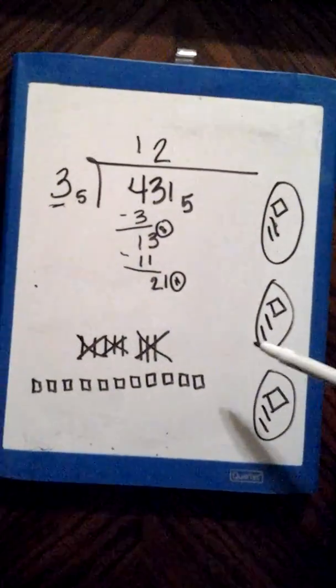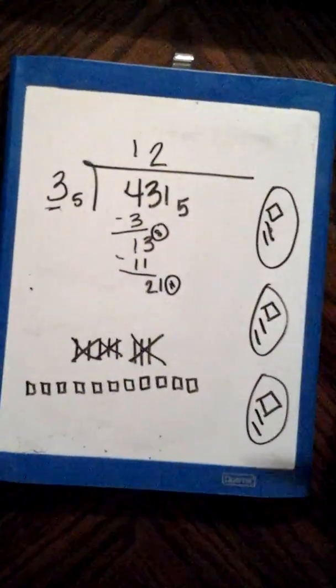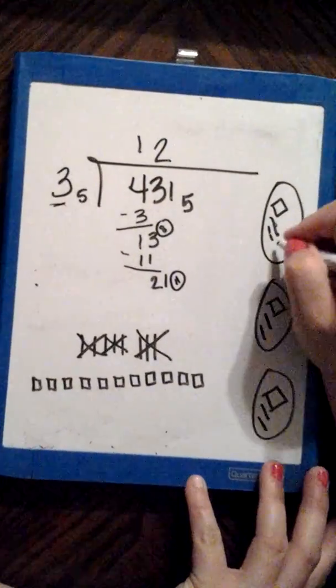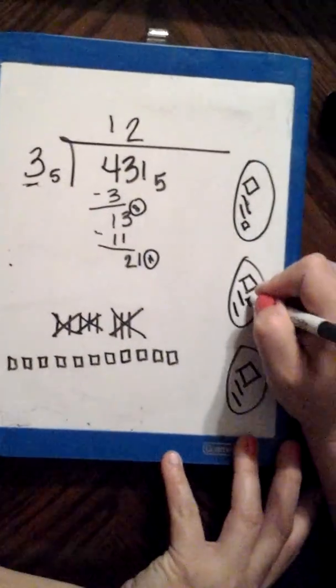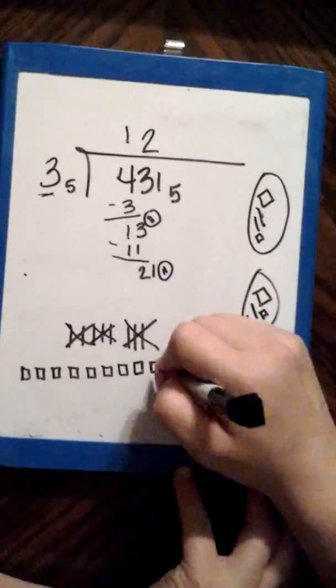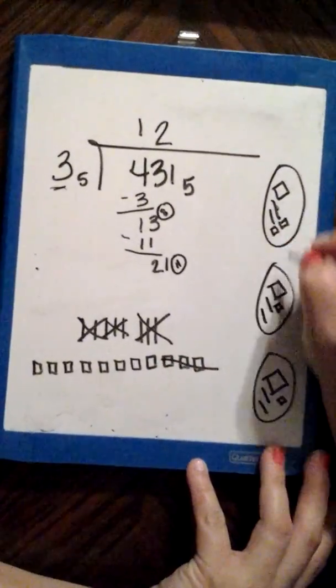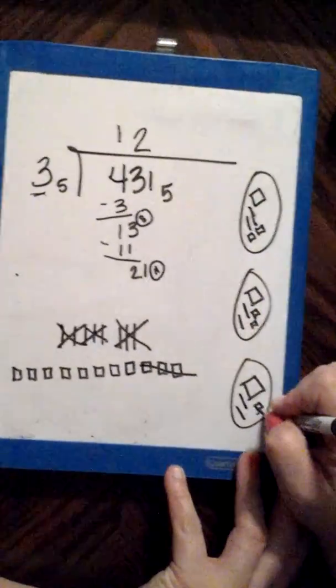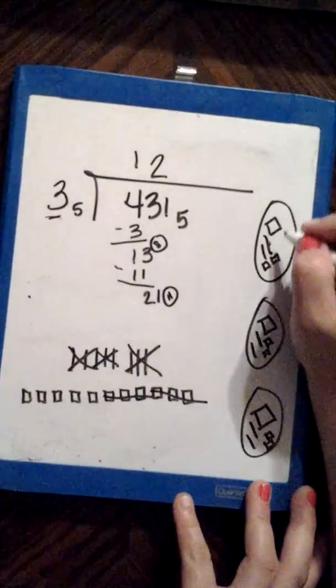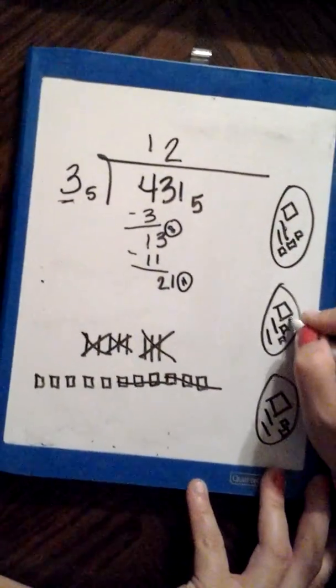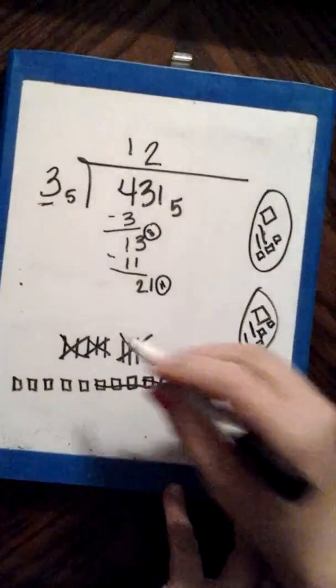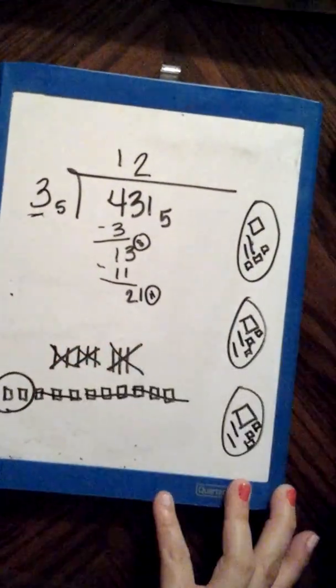Okay. And now what I do is I just go through and I put my units in and divide them amongst these circles. So we have 1, 2, 3. Cross those out. 1, 2, 3. Cross those out. 1, 2, 3. Cross those out. I'm left with 2.